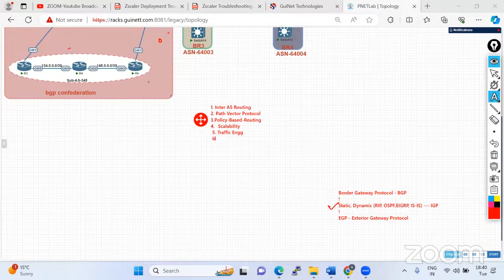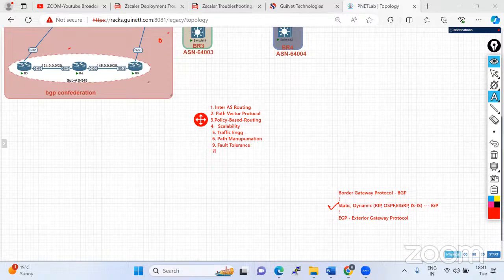And sixth one, you can do the path manipulation, right? So that is going to happen, path manipulations. It is also capable of quick fault tolerance. So if you want quick fault redundancy, fault tolerance, you can get it very quickly, which is not possible with any other IGP protocol, right?